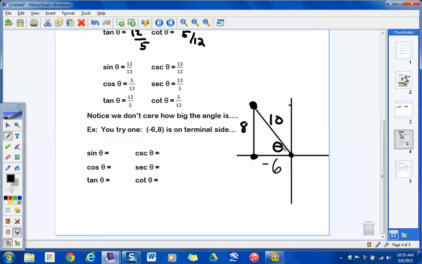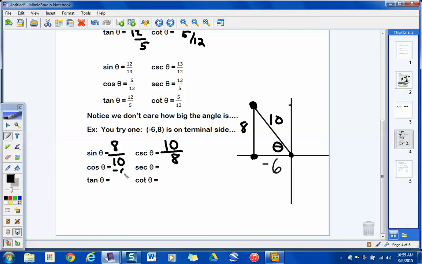Some people might choose to reduce 8 over 10 to 4 over what? 5. You may reduce it. I'm not telling you you have to. I really don't care if you do because either way, you have it. So if that's 8 over 10, what's this over here? 10 over 8.